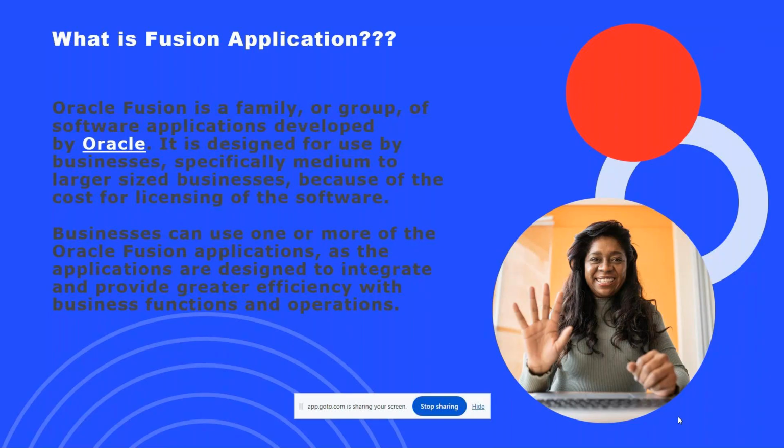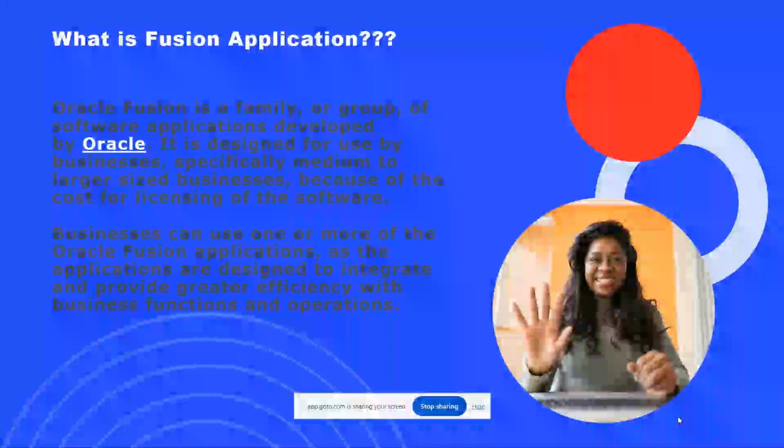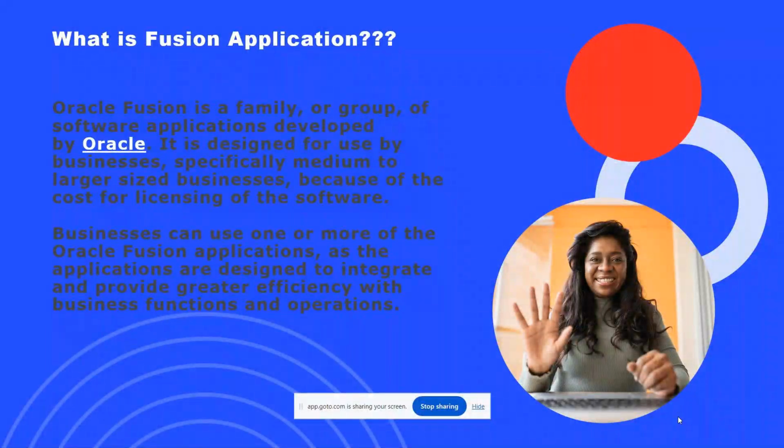So right now in the market we have a lot of software. We have Workday, SAP, Siebel, Hyperion, and EBS. However, Oracle identified a problem: every software is good in only one function of management. Let's say there is a software called EBS, E-Business Suite, that is very good on the finance side.